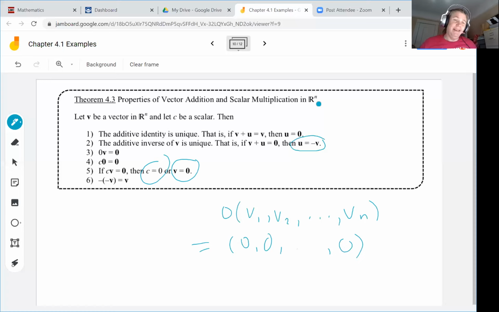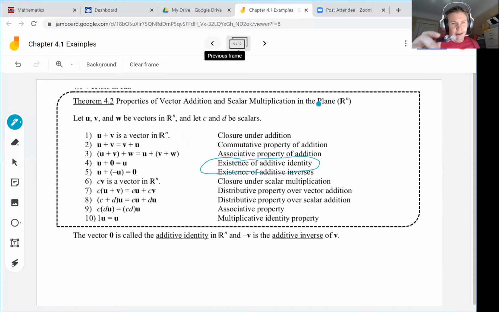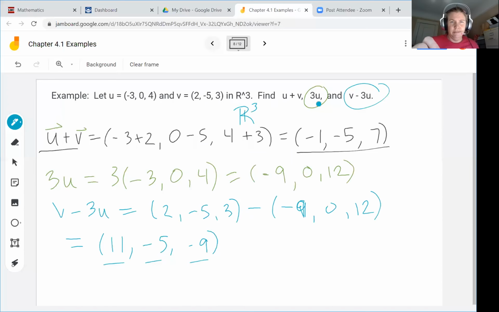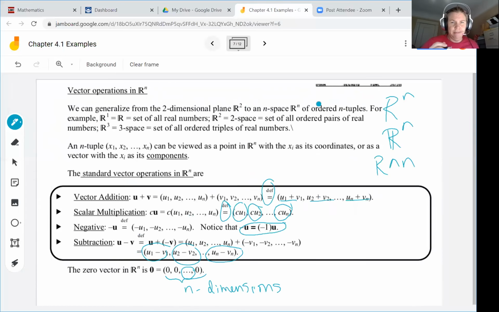And then property 6 says the negative of the negative v vector just takes us back to v. We know that's true by our definition of the negative of a vector. So imagine just taking that negative vector definition and applying it twice to the same vector, you get that same result.